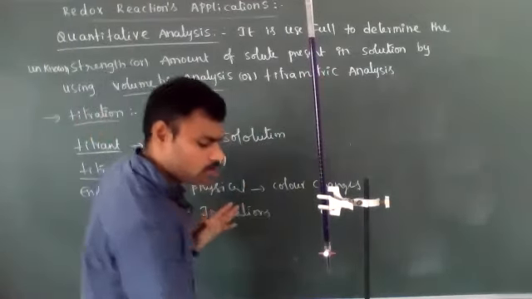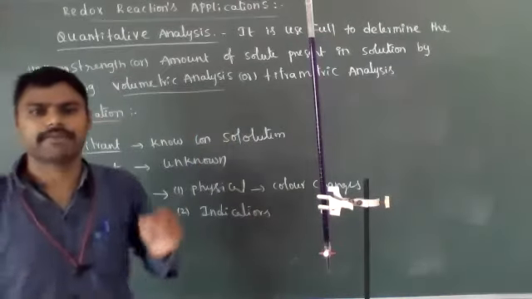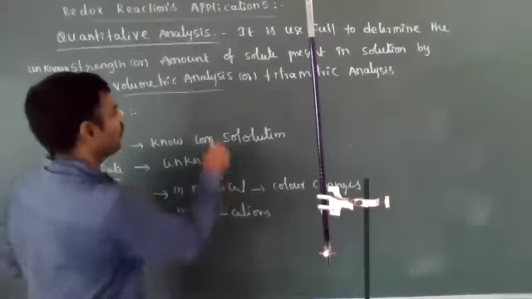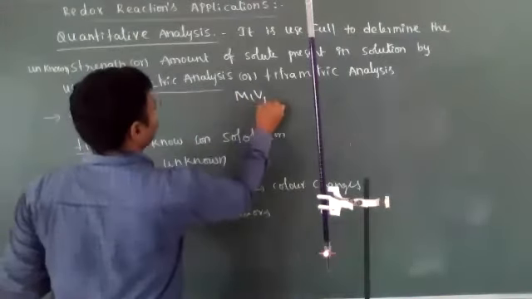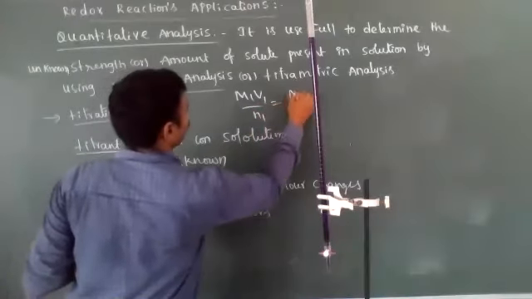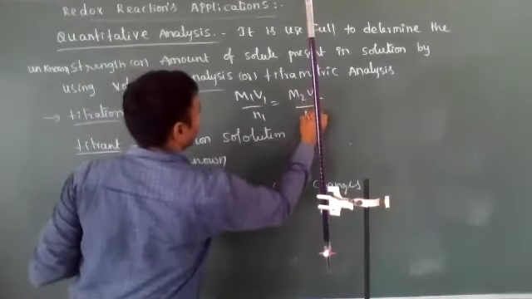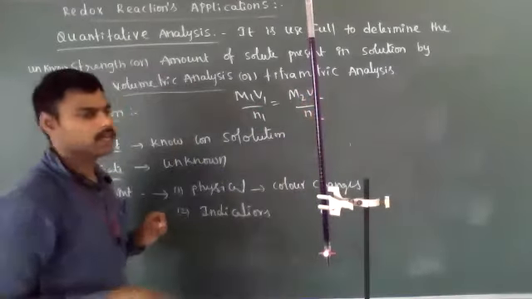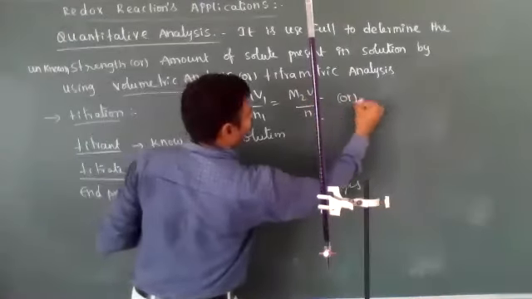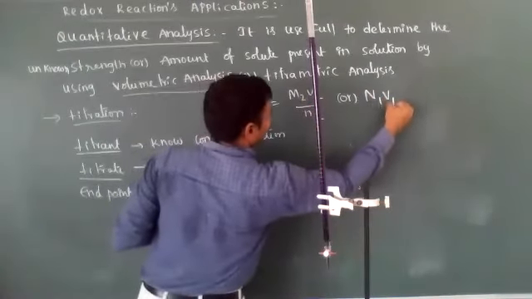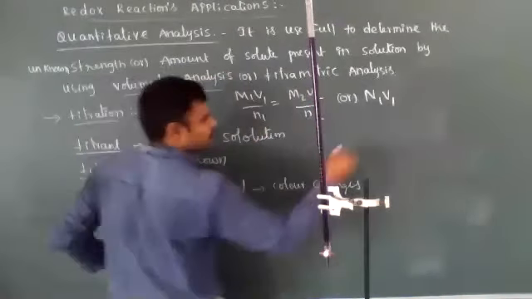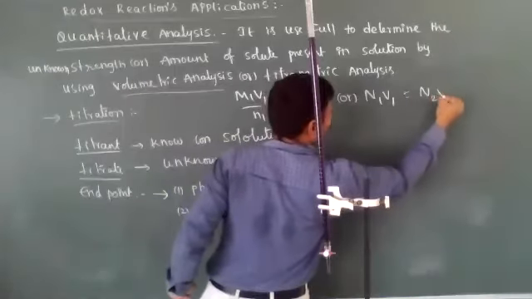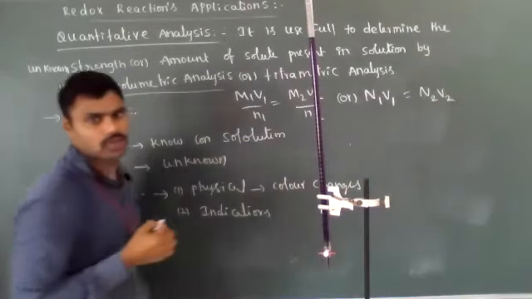So in that, how to find the strength? For determining the strength we use the formula M1V1 by N1 is equal to M2V2 by N2, or normality and volume of the unknown solution is equal to normality into volume of the known solution.